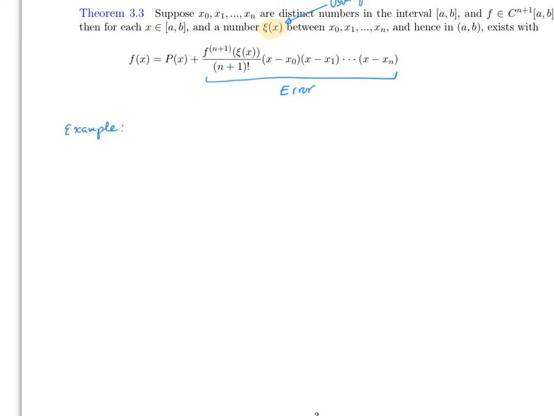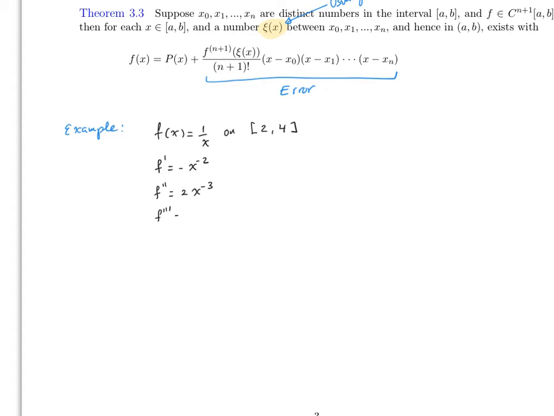So let's say that f of x is equals to 1 over x, and we go on the interval from 2 to 4. Then f prime is equals to minus x to the negative 2. f double prime is equals to 2x to the negative 3.